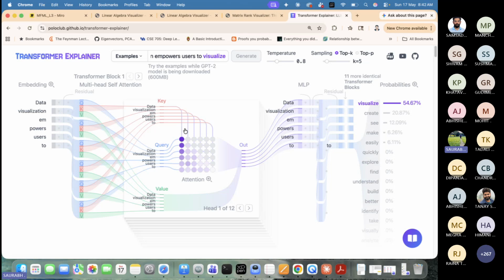But my idea is not to help you do that. Let's say your problem is to predict the next word that would come in the sequence: data visualization empowers users to, and whatever comes next, whether it's visualize or create or see. This is the entire model for you. Internally, this is where all the maths that you are learning comes down to.